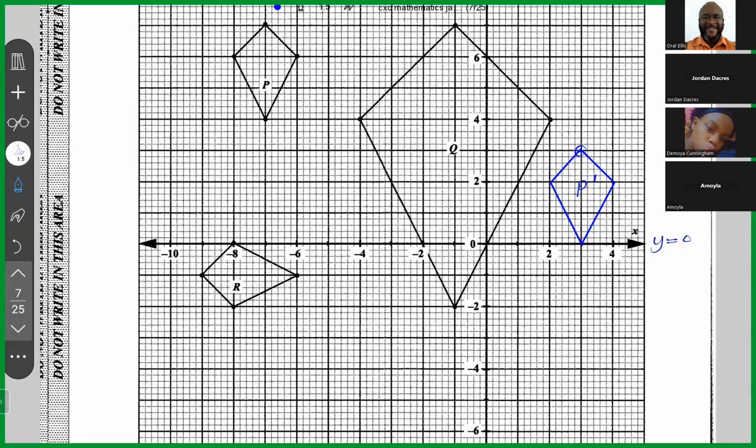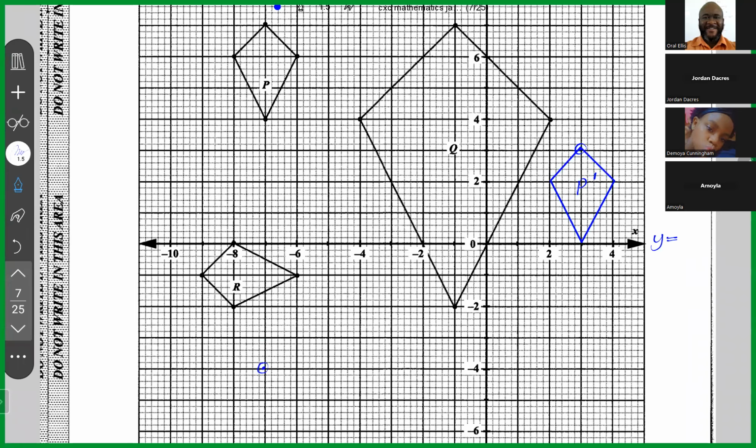So the image is going to be 4 units on the other side: 1, 2, 3, 4. That is going to be the new position of that bottom vertex. The new position is going to be here.